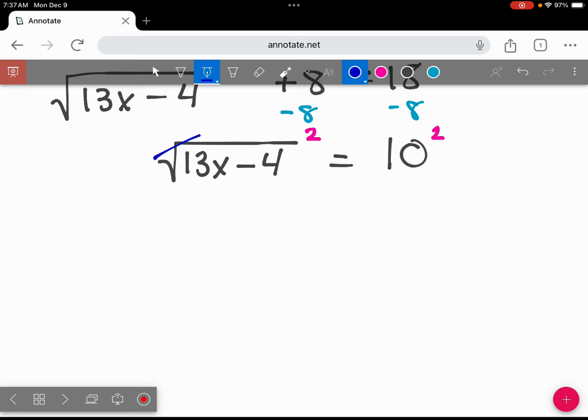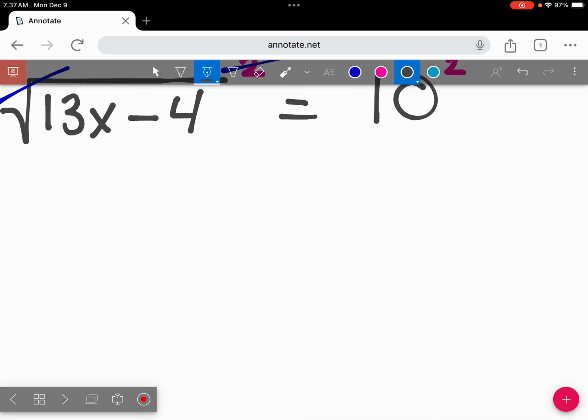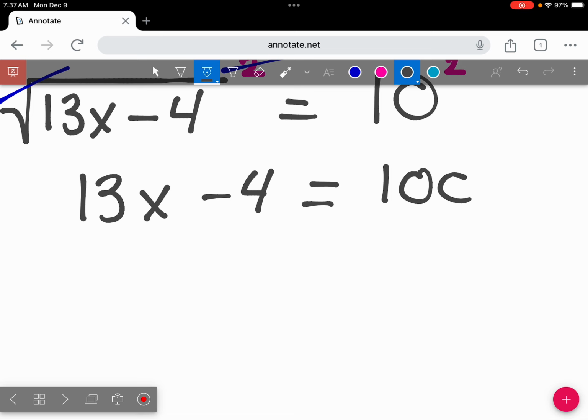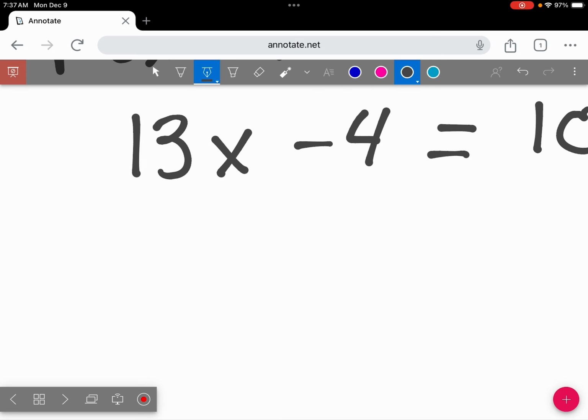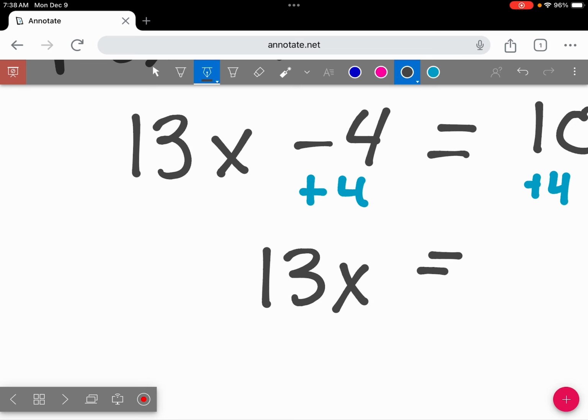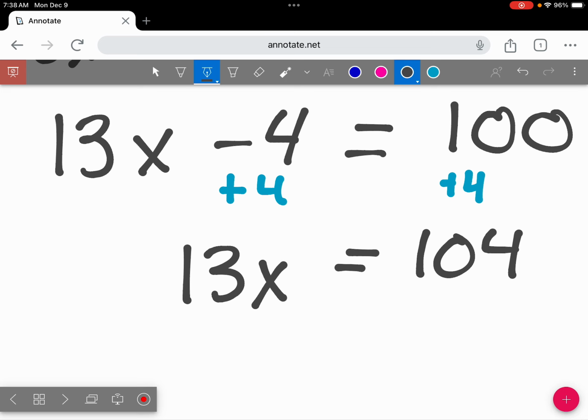So we're going to wind up with our 13x minus 4 equals, what's 100? 10 squared. Then, yep, plus 4. So we're going to have our 13x equals 104.